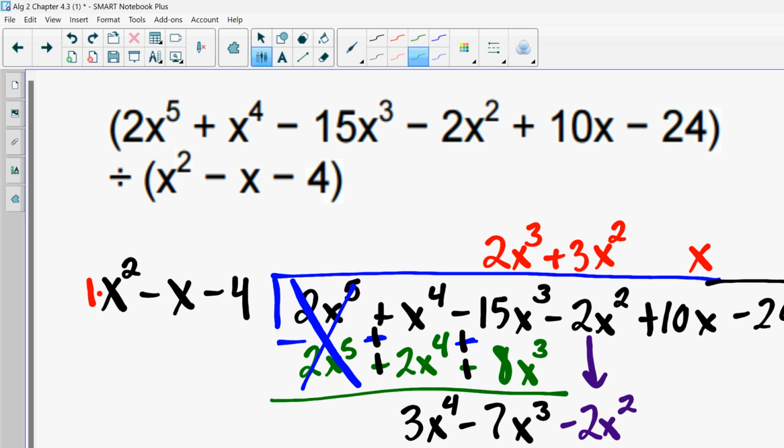So our 3x squared is going to be multiplied with our x squared minus x minus 4. 3x squared times x squared is 3x to the 4th. 3x squared times negative x is negative 3x cubed. And 3x squared times negative 4 is negative 12x squared.